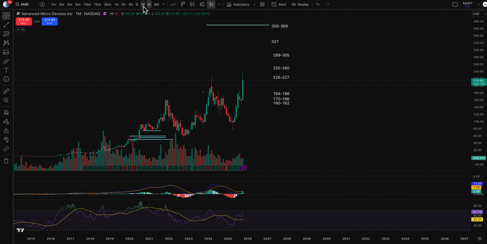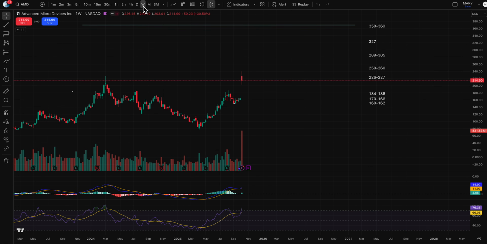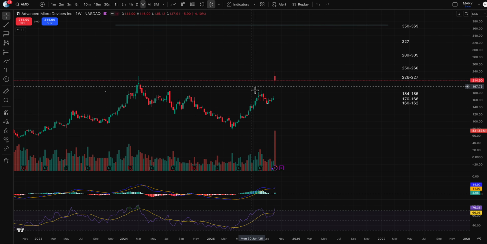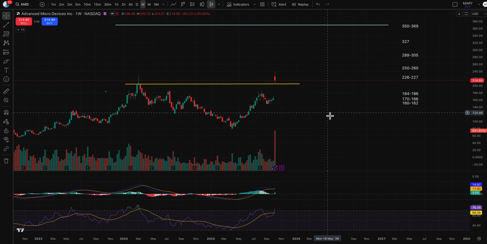Now let's go back to the weekly chart. Weekly chart, this is a confirmed breakout in here. And in this candle, the bottom of this candle will serve as a support. The lower wick is around 203, which we now consider to be a weekly key support right here.